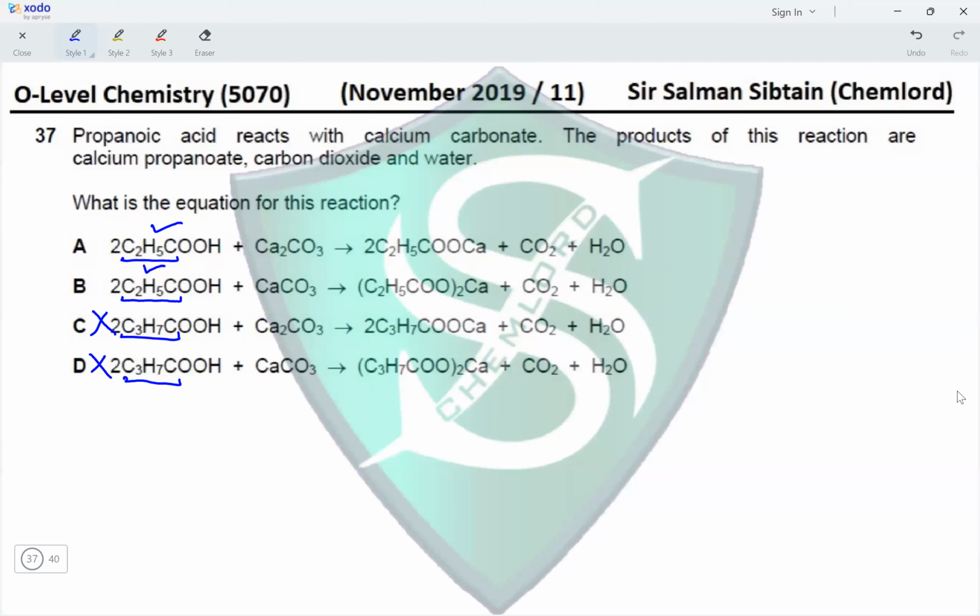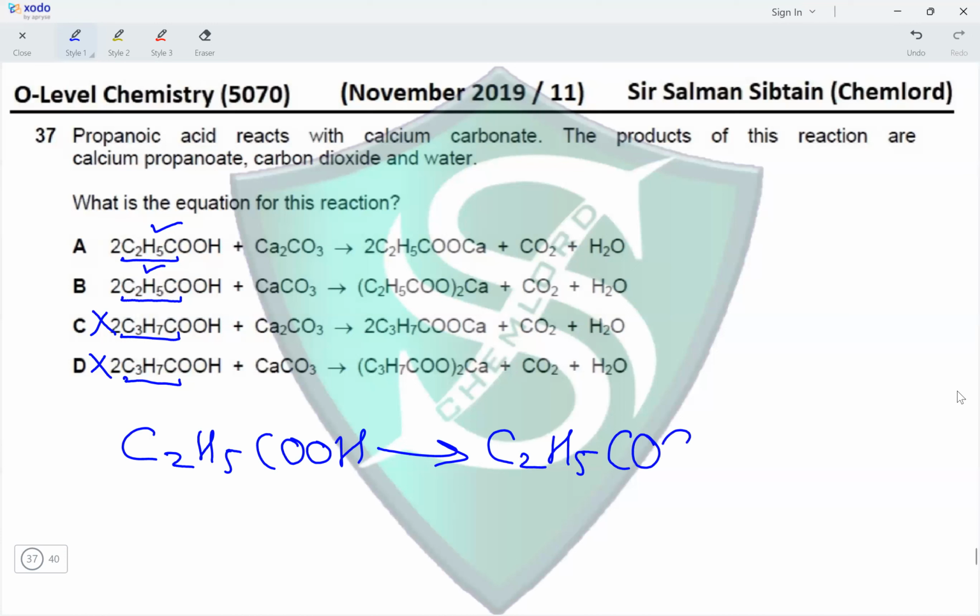Now, when propanoic acid reacts with calcium carbonate, C2H5COOH is converted into C2H5COO minus, and calcium has a charge of 2 positive.